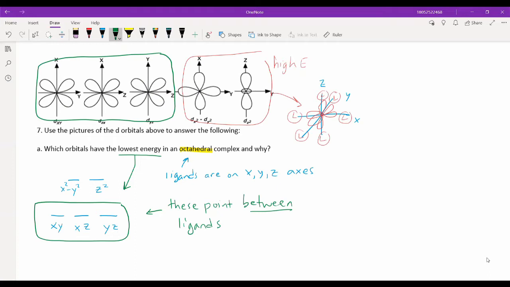So you're an electron, you don't want to be forced up against a ligand's electrons. There's going to be some repulsion there. So you want to have this kind of space in between the ligands to occupy, and that's just a lower energy state, right? It's not like the electrons actually have a desire. It's just what is lower energy, what is higher energy. And so this energy state is lower because it's in that way more stable. So you can think about more stable for electrons.